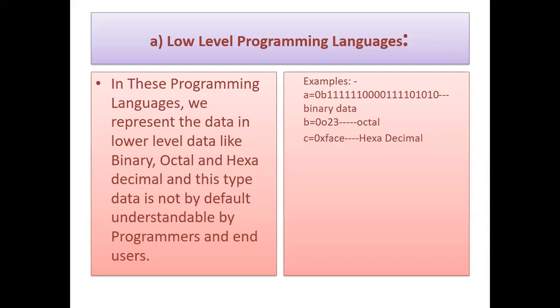If we write the code, whenever we use binary code we need to use 0B. Whenever we are using octal data, we need to use 0O, and for hexadecimal, 0x. Written like this, it is not understandable by the end user.